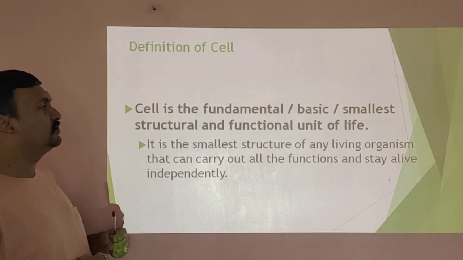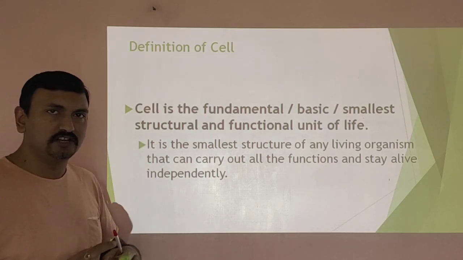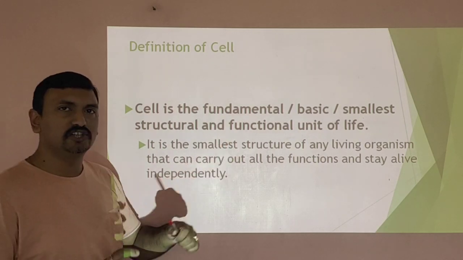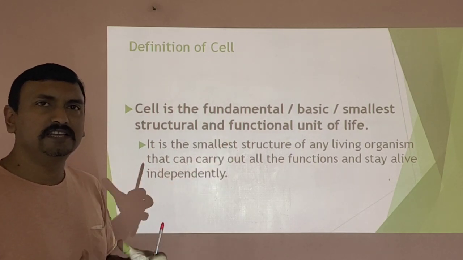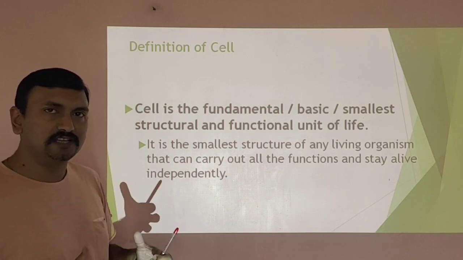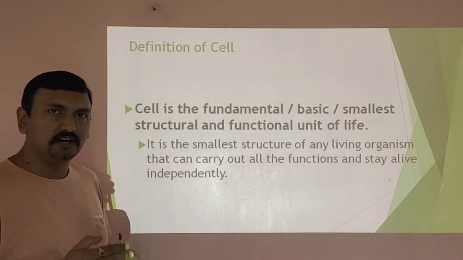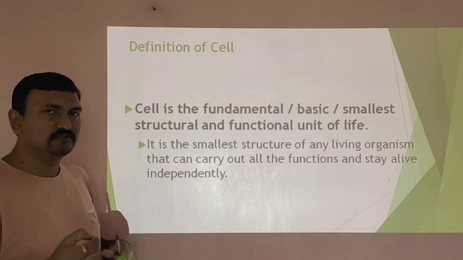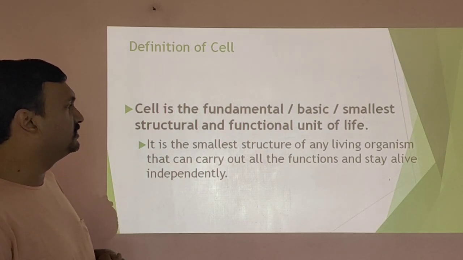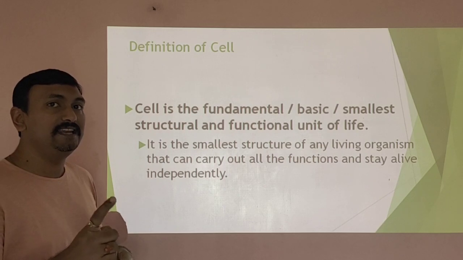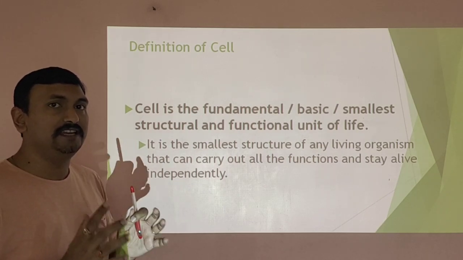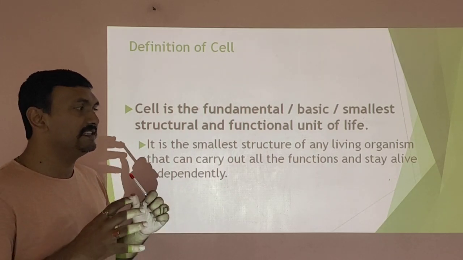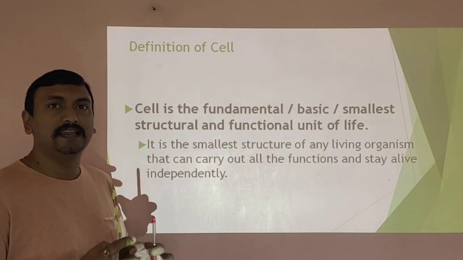Now, why do you call it the smallest structural unit of life or smallest functional unit of life? In simple understanding, if we take an organism and start breaking it down into smaller and smaller pieces, then the last smallest structure which you will observe will have an independent existence. Try to understand, independent existence means it can survive independently like that.